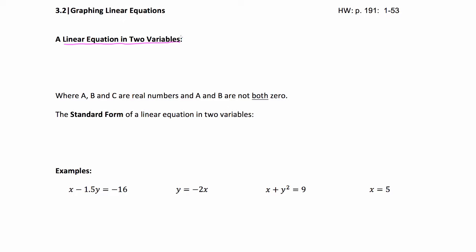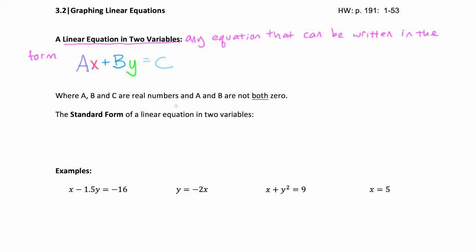A linear equation in two variables is any equation that can be written in the form, and here's the form: some constant a times x plus some constant b times y equals some other constant.